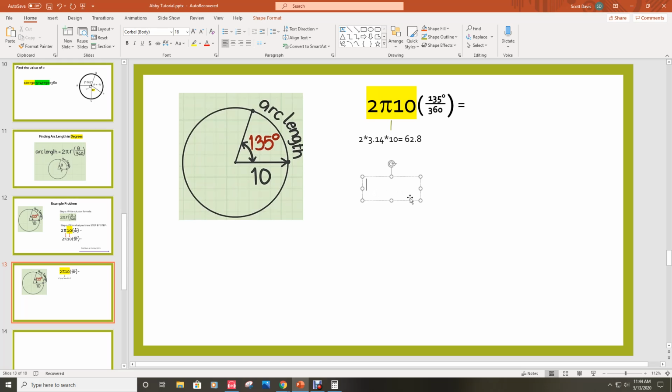I need a text box. I will write 62.8, because I have that portion now, since 2 times pi times 10 equaled 62.8. So 62.8, and then let's see if I can capture all these pieces.